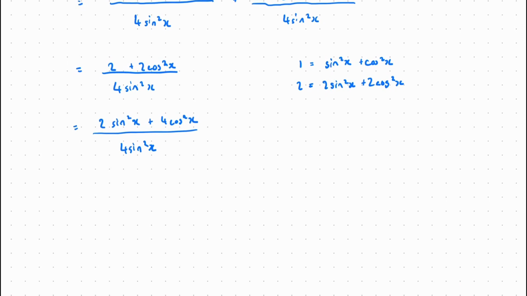Now you can see how this is going to split. So 2 sin squared x over 4 sin squared x plus 4 cos squared x over 4 sin squared x.